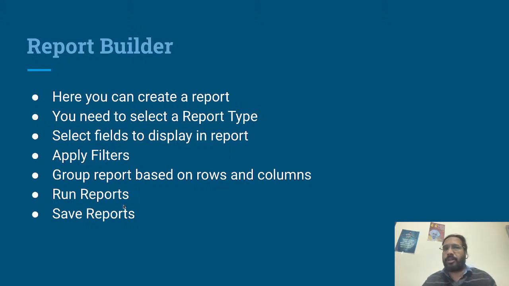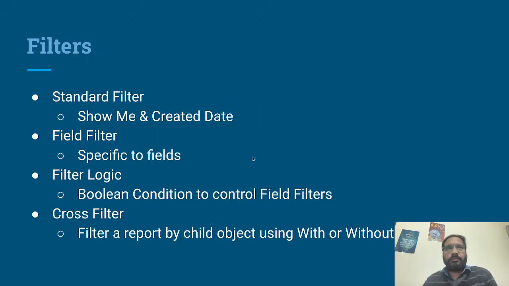Then you can run your report so that you can see the results. And if you want to access your report later, after you log out and log in again, you can just save your report and it will be available. Okay, so these are some features that are available with report builder.